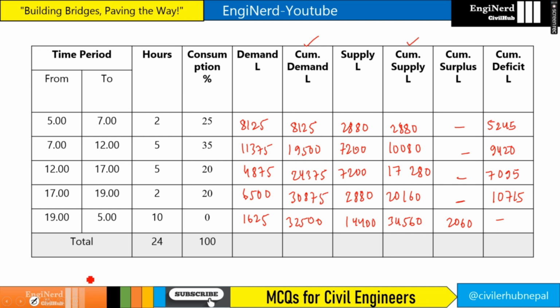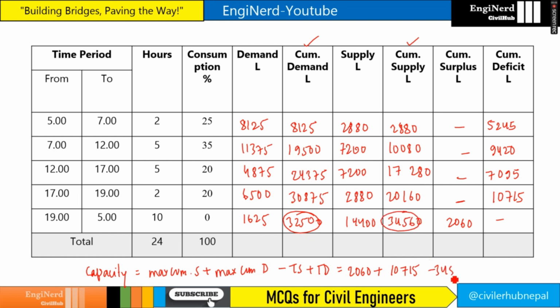Now capacity is given by max cumulative surplus plus max cumulative deficit minus total supply plus total demand. The maximum cumulative supply surplus is 2060 and the maximum cumulative deficit is 10715, and minus total supply, which is here, 34560, plus total demand, 32500.